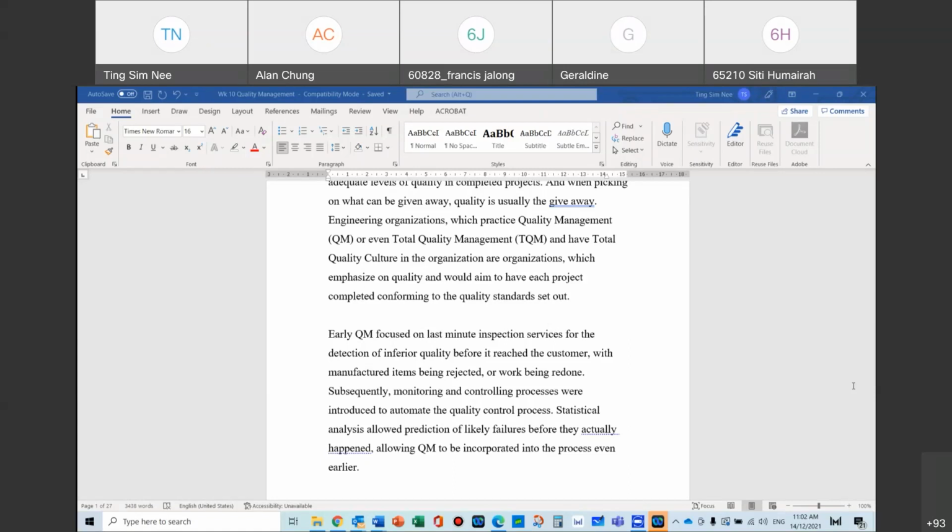If your business is construction, if your business is consultancy, you should have a system to make sure that the product that you design, the work that you do will end up being good quality. And that is a system.